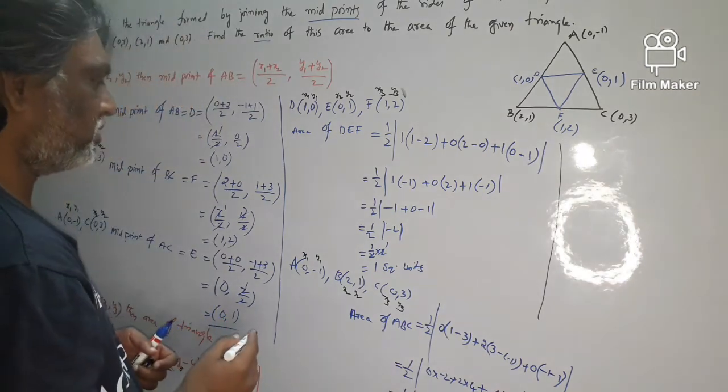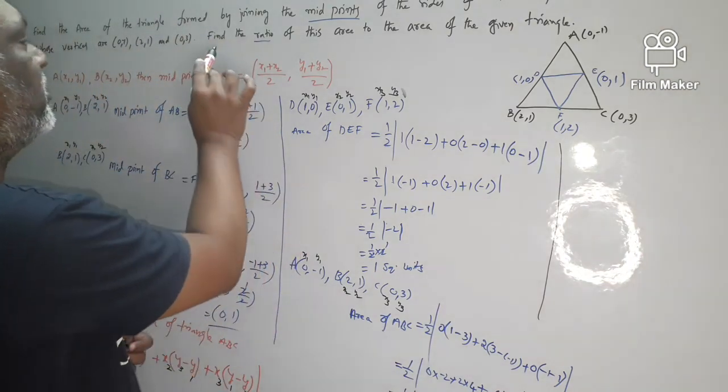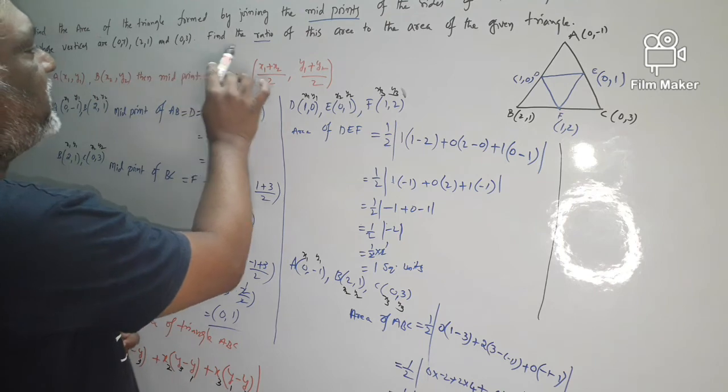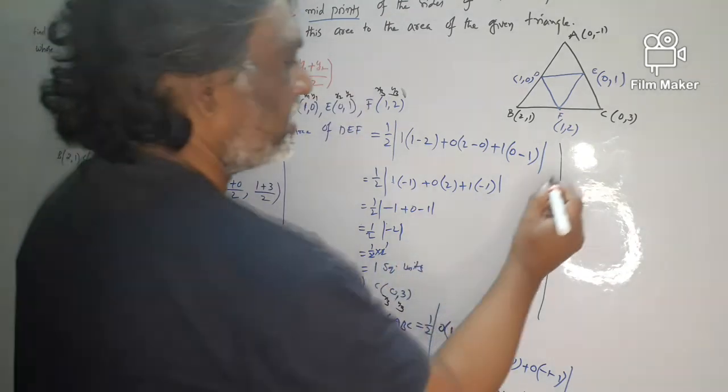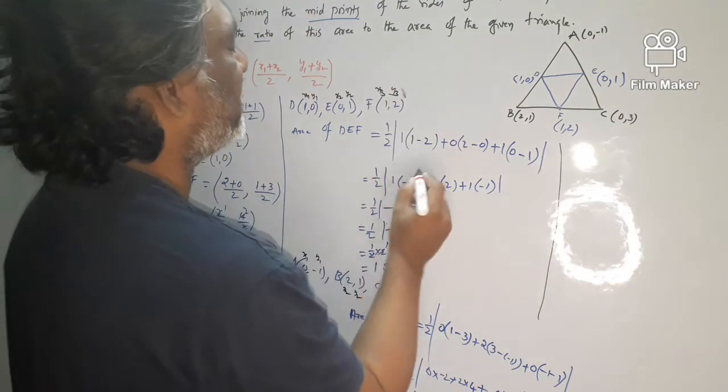Now he asked, find a ratio of this area. This area means area of triangle DEF.